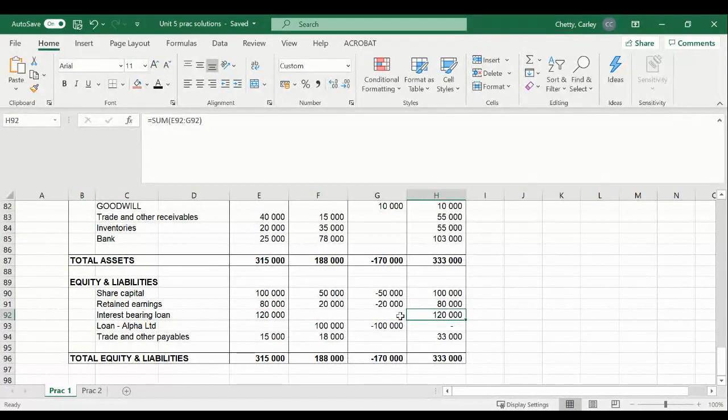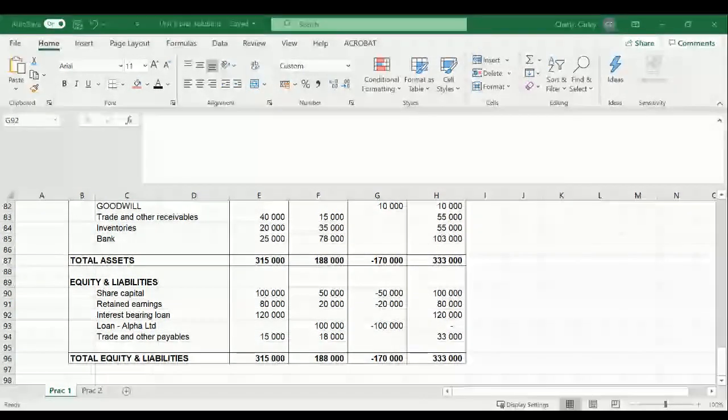So who can tell me, this interest-bearing loan, why did we not include it and eliminate it in our pro forma journal entries? So this is an interest-bearing loan. Why did we not eliminate it in our pro forma journal entries?